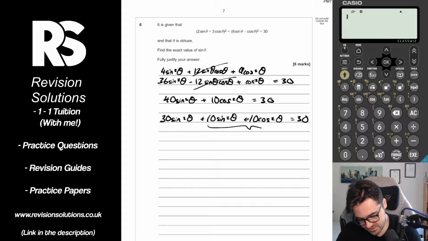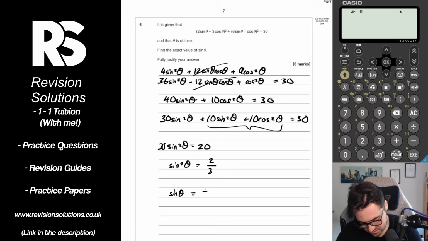And then this guy is just 10 lots of sine squared plus cos squared, so we take that over the other side, then we'd have 30 sine squared theta equals 20, or sine squared theta equals 2/3, or 20 over 30, and then we square root, so then sine theta would be plus or minus root 2 over 3.